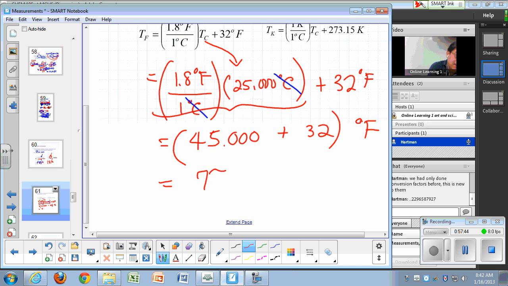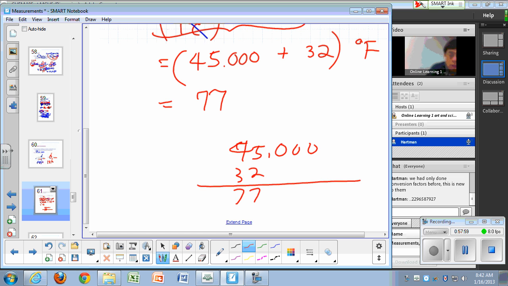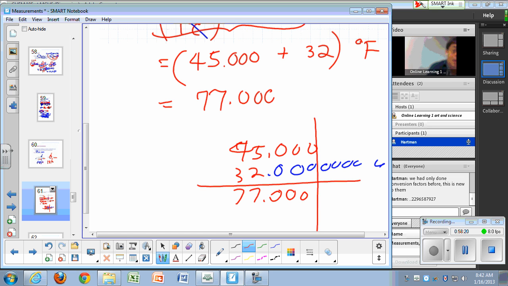How should I report this 77? Plain 77, or 77.0, 77.00, or what? 45.000 plus 32. How should I do this? I know that 32 is exact, so that's the same thing as 32.000000000. So if I add these two, my answer should be 77.000 degrees Fahrenheit.